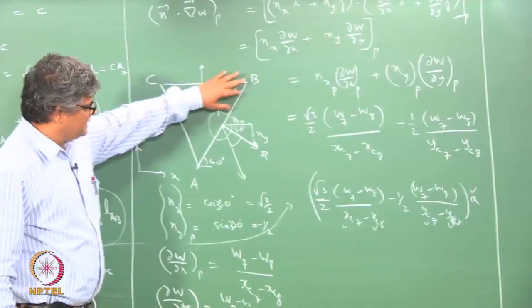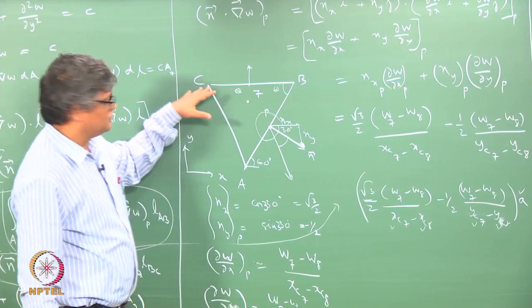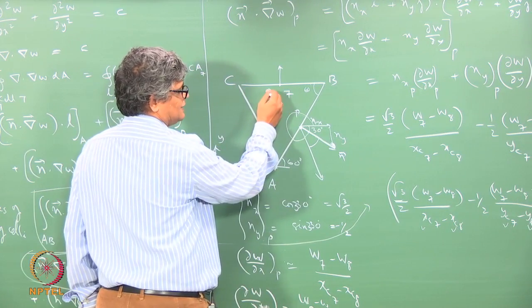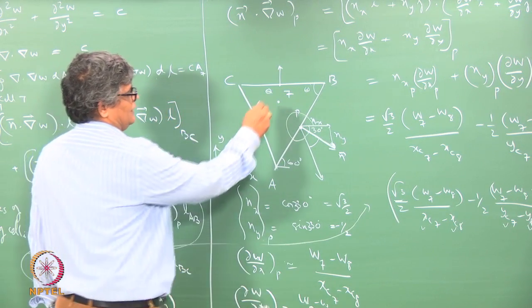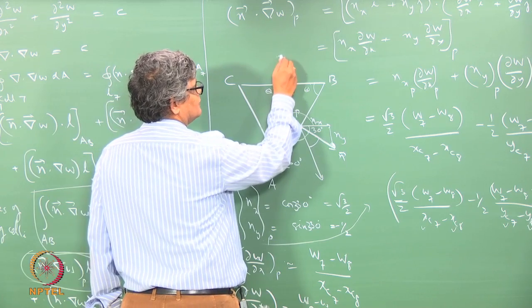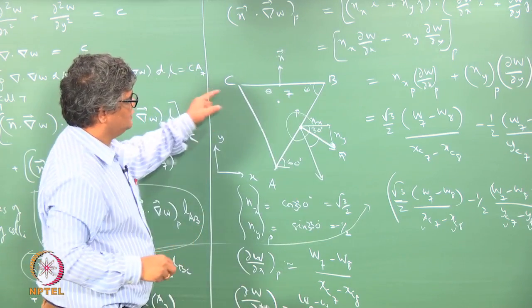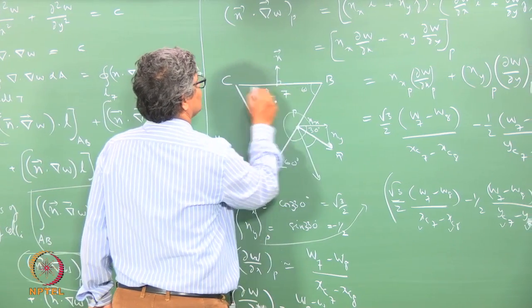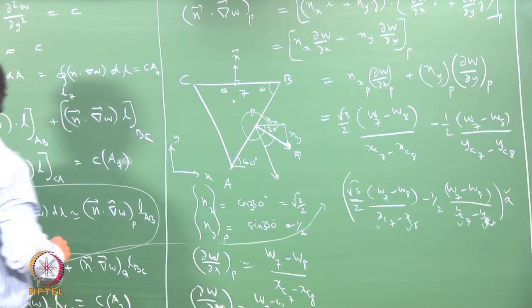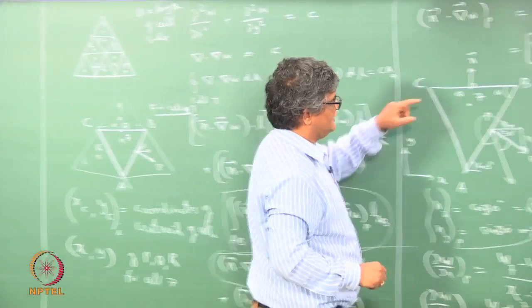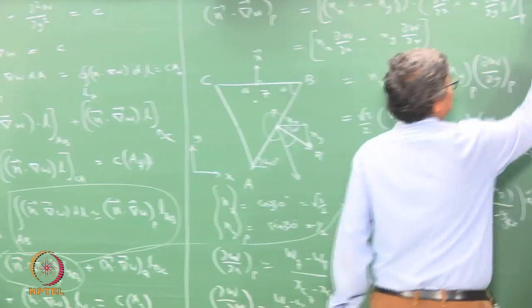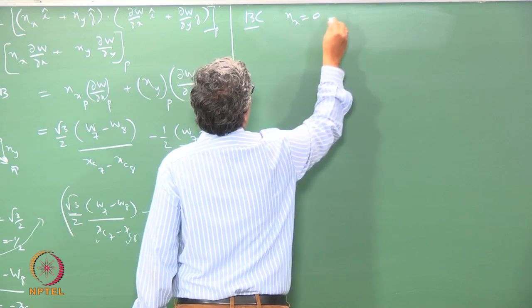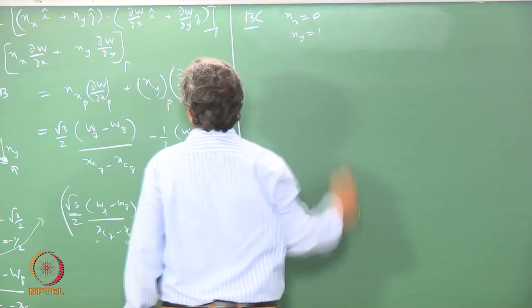So having evaluated for the side BA, let us go to side BC and we associate the midpoint as Q here, and the outward normal vector for side BC is vertical, 90 degrees, because side BC is horizontal as per this diagram here, and therefore for the side BC we can say that Nx is 0 and Ny is 1.